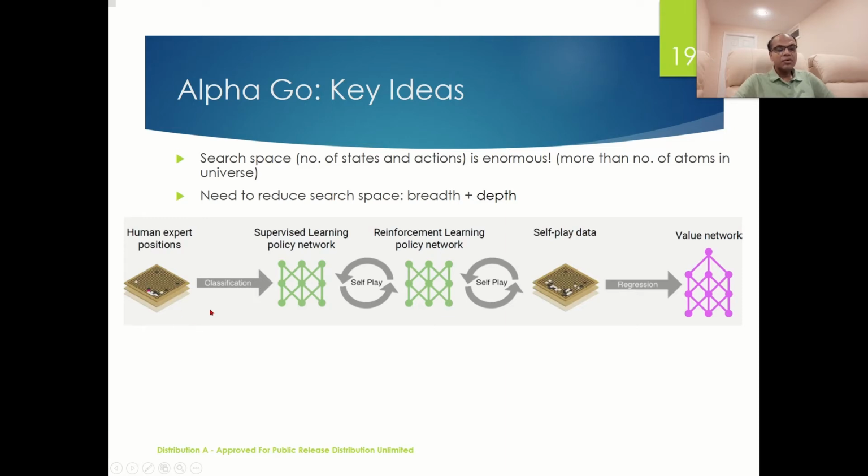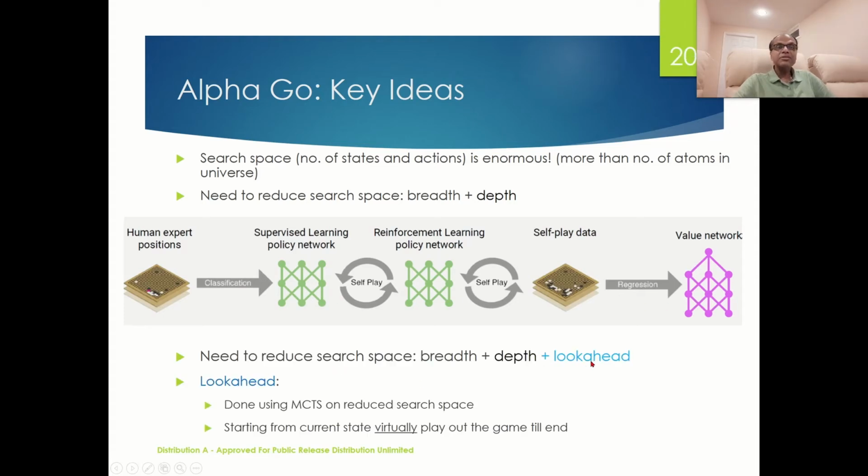So this is a schematic of the different steps that are used to play AlphaGo. And finally, once we have this, then comes the piece that we have looked at, which is that we have to now play the game. But now we are not playing it on the full game tree, we are playing it on the reduced game tree, which we have reduced using this combination of policy network and value network.